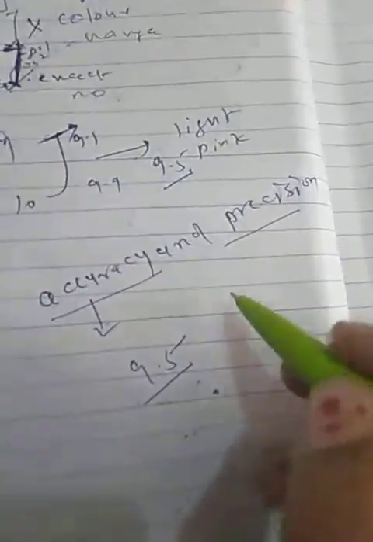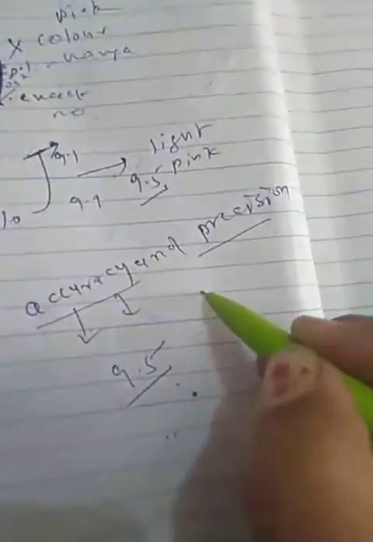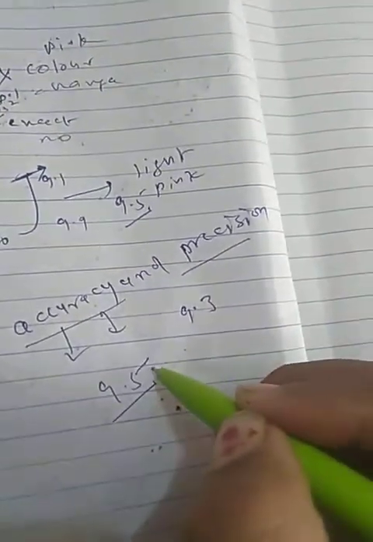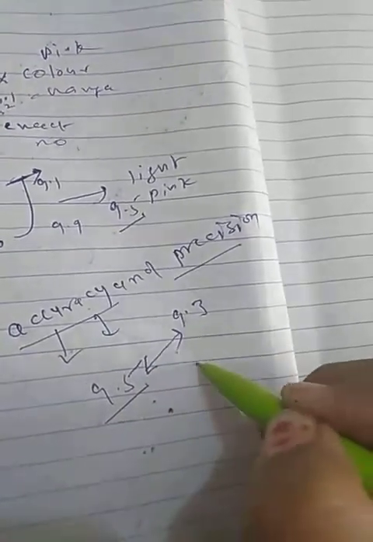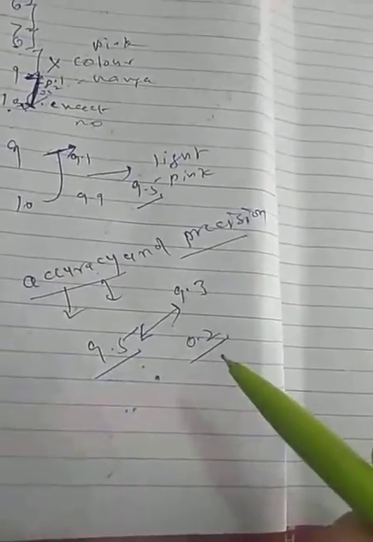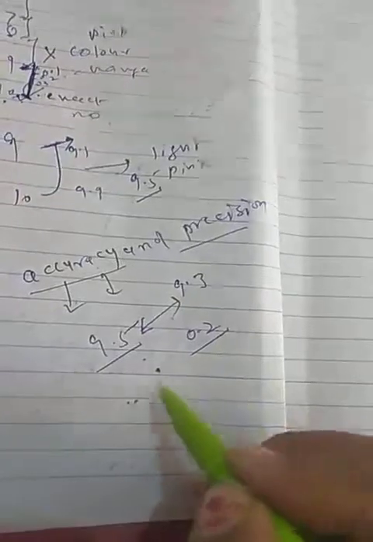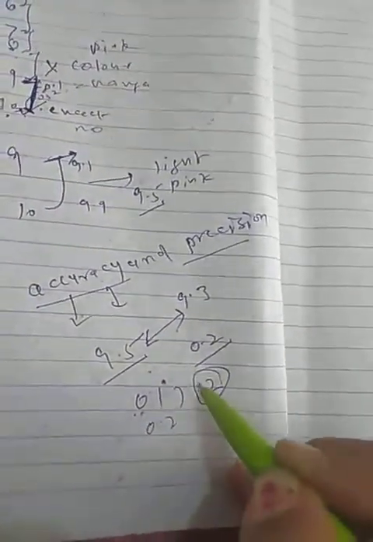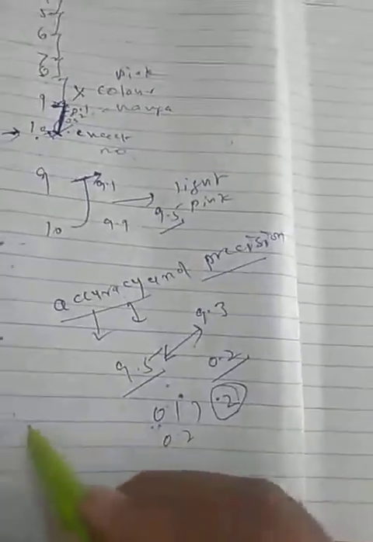But if my reading and your reading are not accurate following the accuracy rule, means if you are getting 9.3, then 9.5 and 9.3 have a difference of 0.2. So you are knowing in physics also positive error and negative error. So every step of 0.1, 0.2 means 2 marks difference is there. So every step you will lose 2 marks.